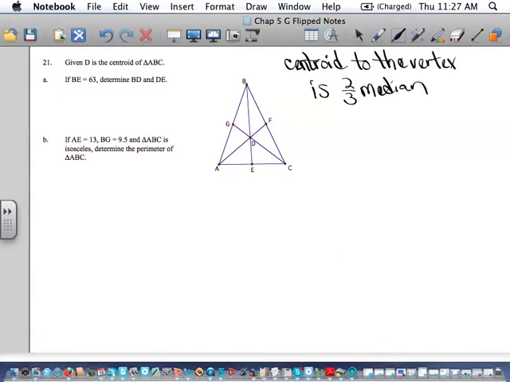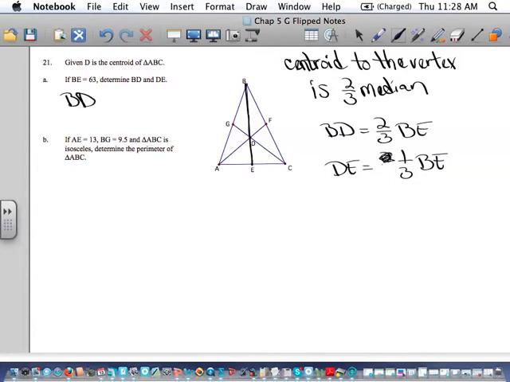The median in this case is BE, okay? So BD is equal to 2/3 of BE. So therefore, DE is equal to 1/3 of BE. So you should get that BD is equal to 42 and DE is equal to 21.